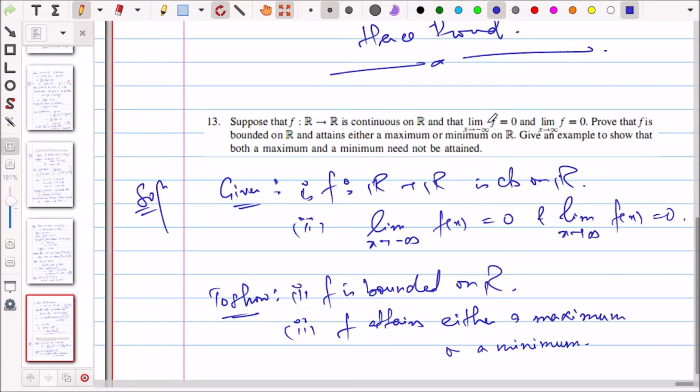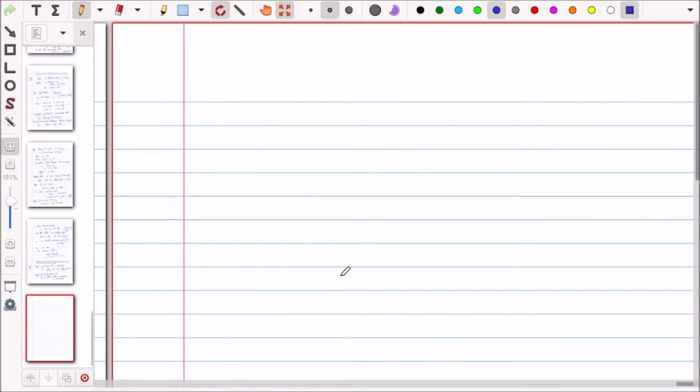So we are given that limit x tends to infinity f x equal to 0, and limit x tends to minus infinity also f x equal to 0. So we are going to get a bound for this.